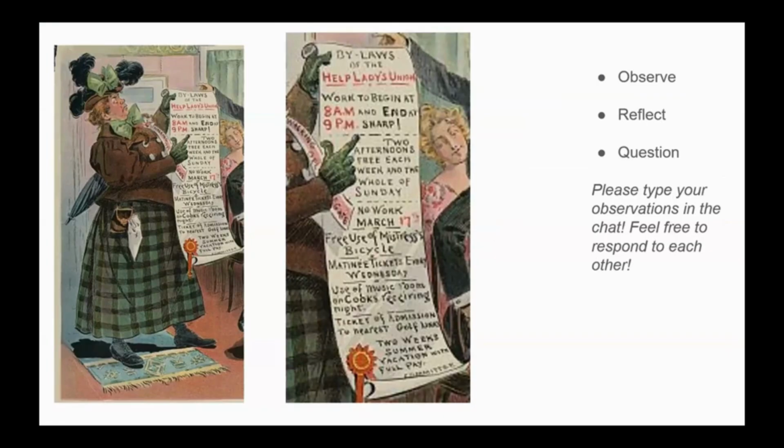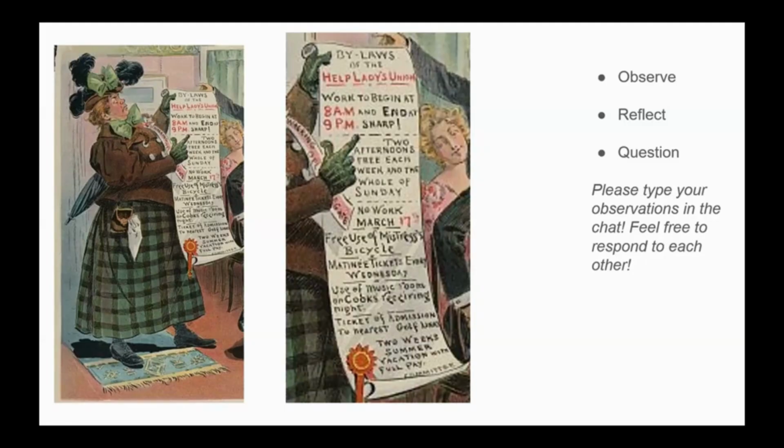What words do you see? You could let us know what you see that looks different than it would in a photo. You could also think about whether you see anything in here that could refer to another work of art or literature. For those of you who are looking at this on a small screen, there is a scroll, and what it says, as far as I can tell, is: Bylaws of the Help Ladies Union.